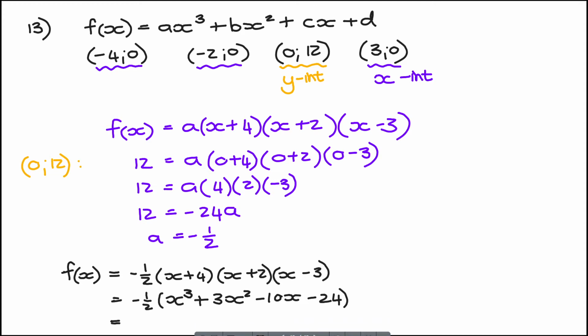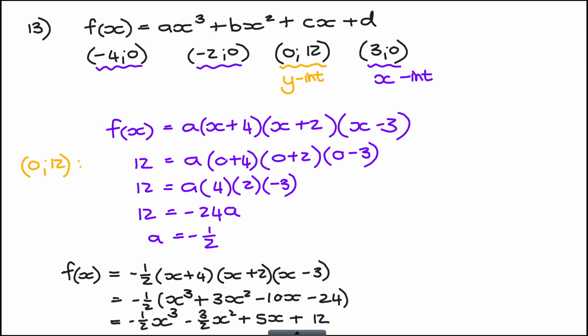Julle kan nog hier sien, hè? Ja. Minus 'n half x to die mag 3 minus 3 over 2 x squared plus 5x and then plus 12.